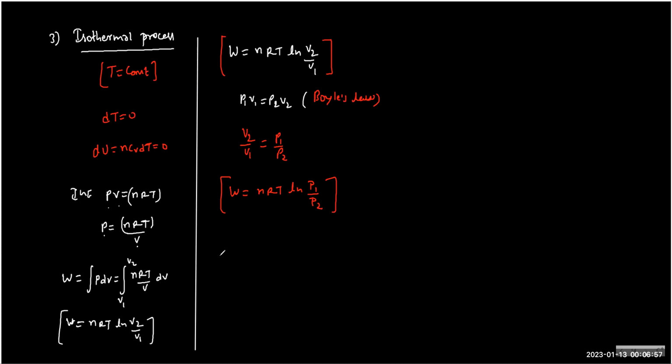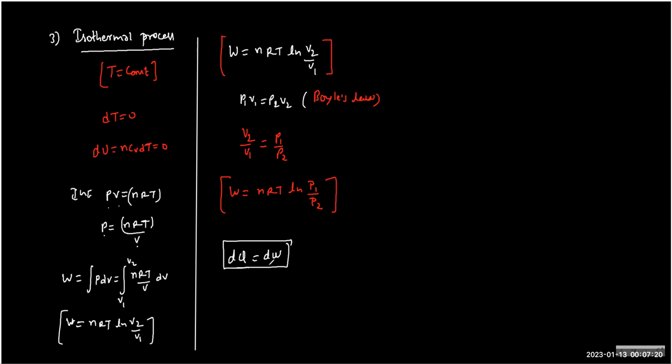And there is no need to think about dQ because dQ is the same as dW. So in an isothermal process, we always calculate dW, which is always the log relation, and dQ will be equal to dW. No need to do a separate calculation. I hope this is clear. Now, as the volume will increase, will the work be positive or negative?